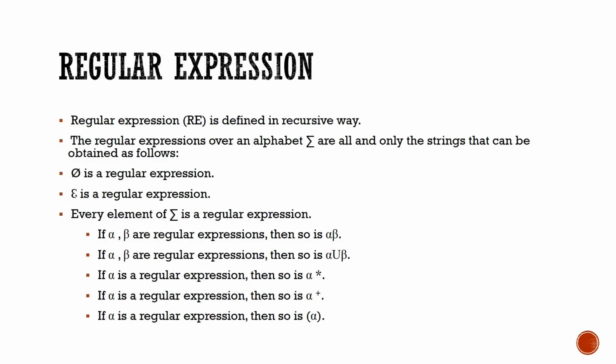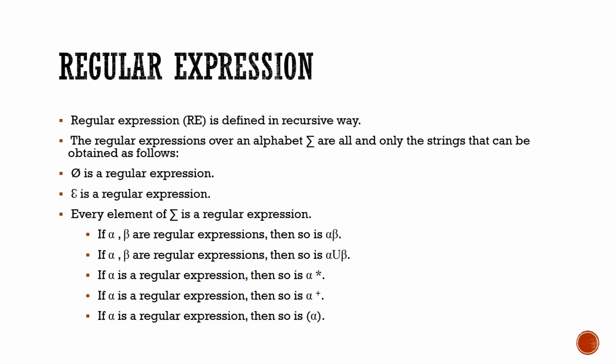Regular expressions are defined in a recursive fashion. Let us take an example. Suppose I want to recognize a variable in the C language: the first character should be an alphabet or an underscore, and the subsequent characters can be an alphabet, underscore, or a digit.